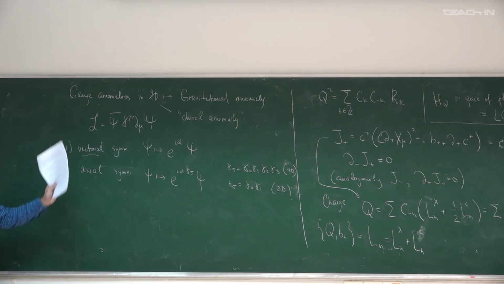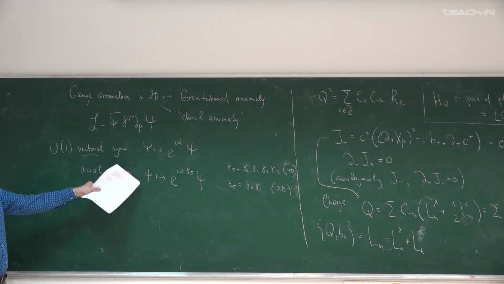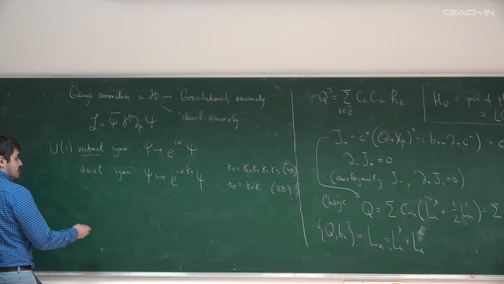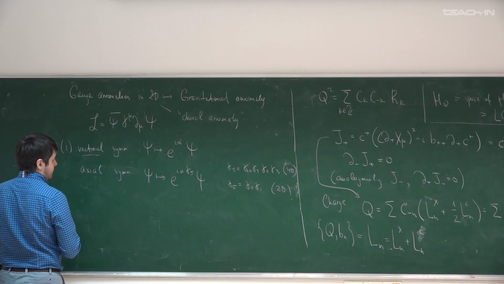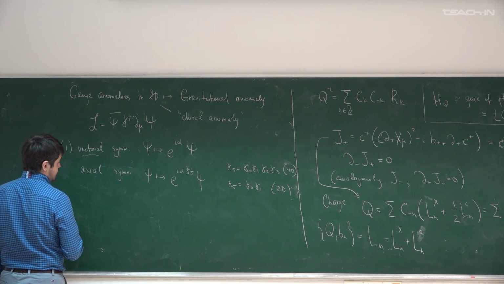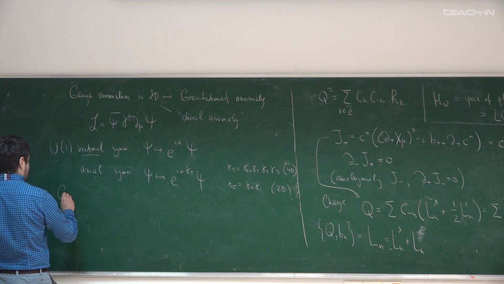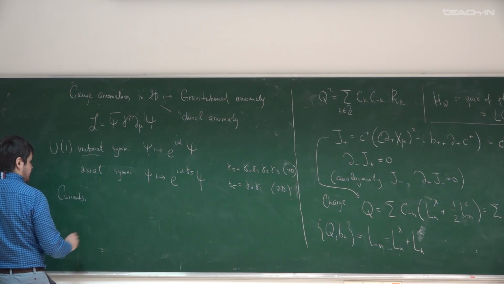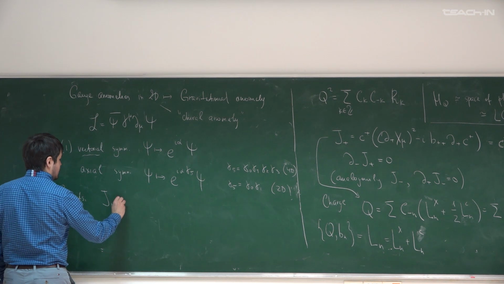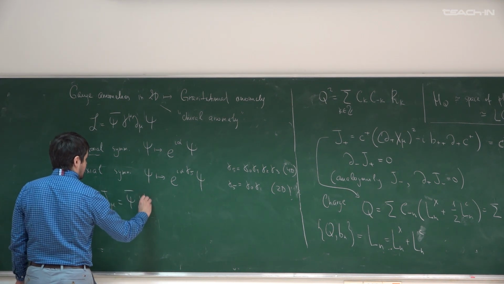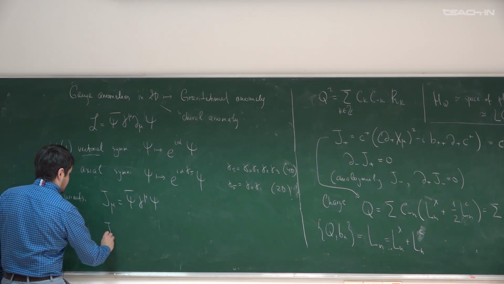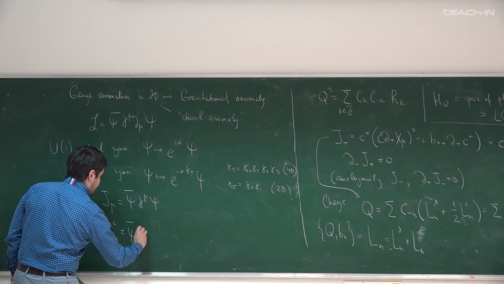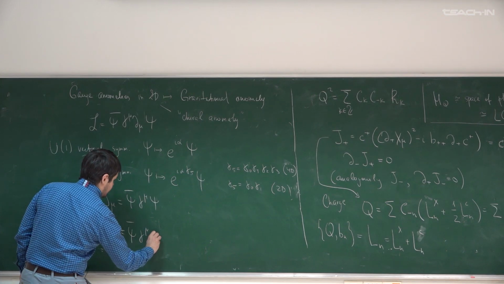So this free theory has these two symmetries, and then one has corresponding conserved currents: J mu is psi bar gamma mu psi, and J mu chiral is psi bar gamma mu gamma 5 psi.